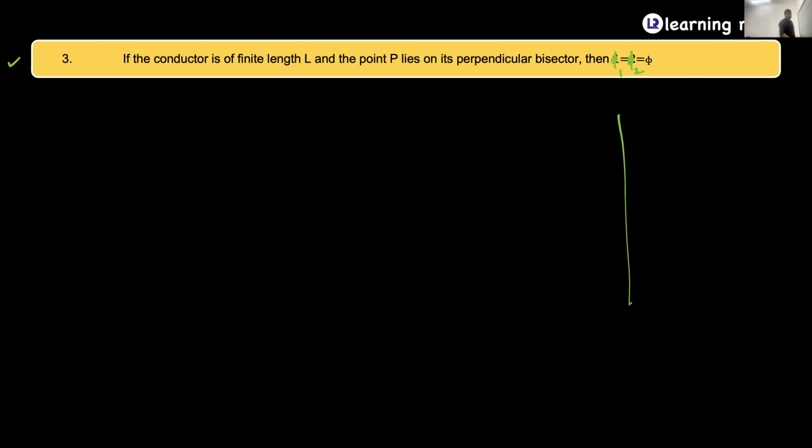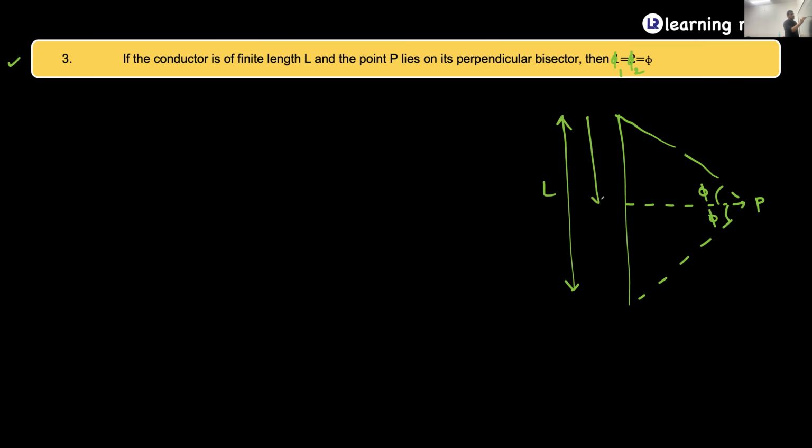See, if the conductor is of finite length, if I take a point P here, which is on the perpendicular bisector, then from here, if I join, and from here, if I join, this will be phi, and this will also be phi, because first, it's a perpendicular bisector, and second, since the distances are equal, it forms an isosceles triangle. If the length of the conductor is taken to be L, this length will be L by 2, and this length will be L by 2.